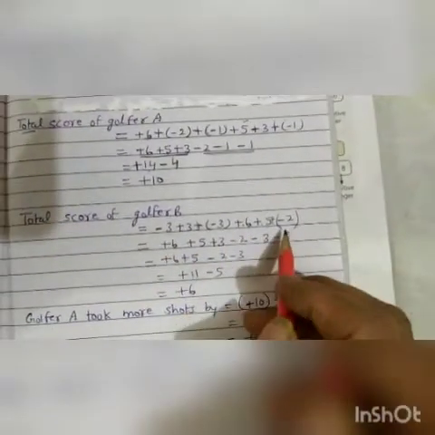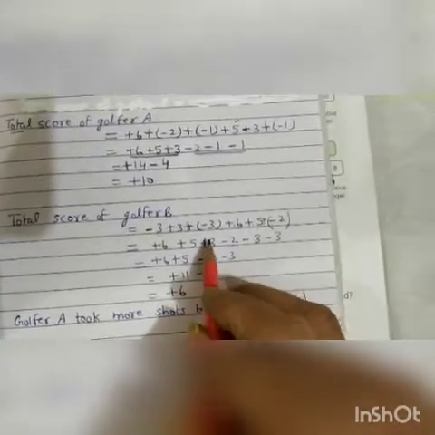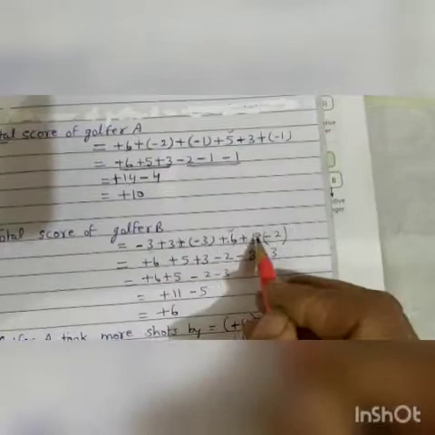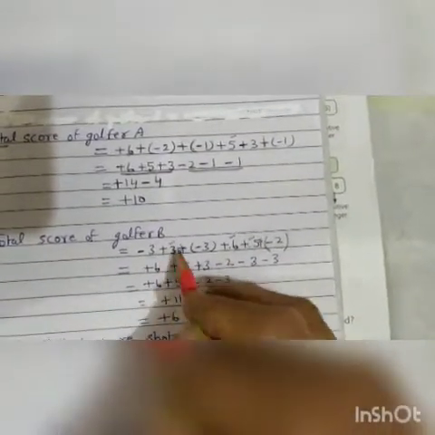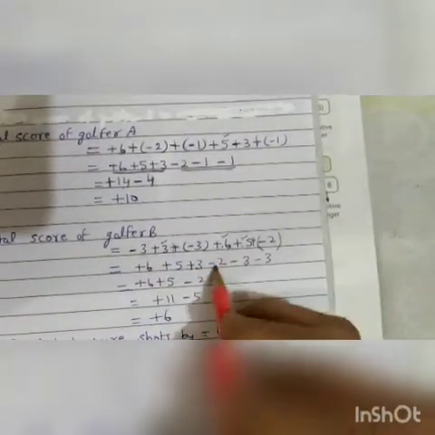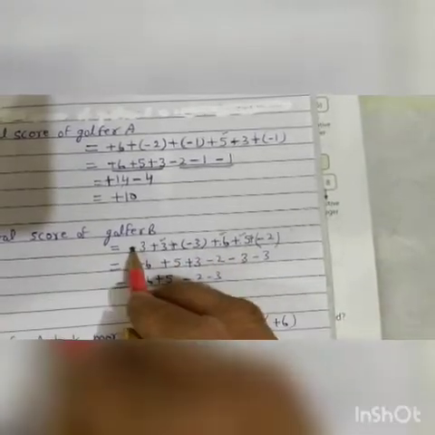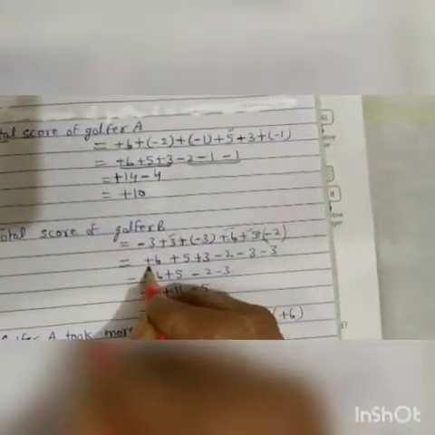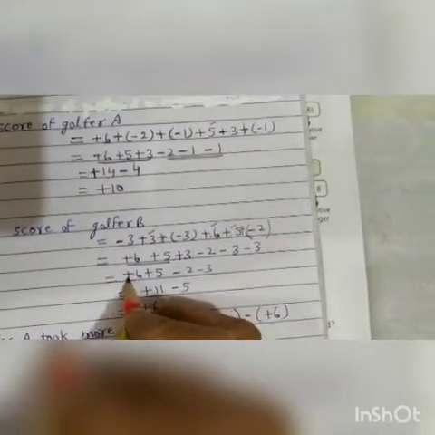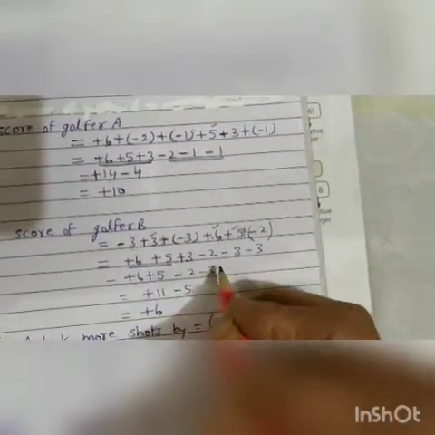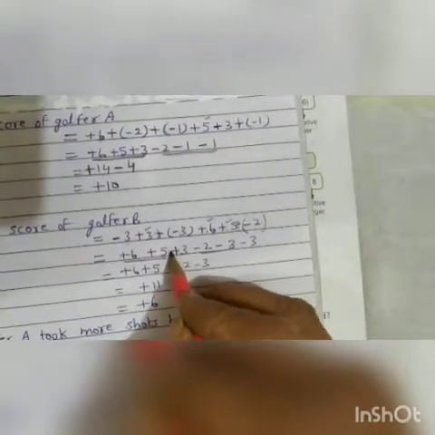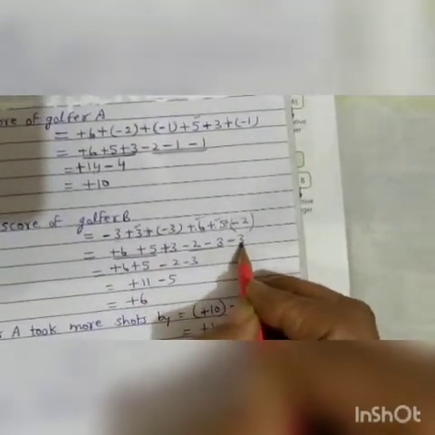Now again we will write all the integers first with positive sign. This plus 6, this plus 5, this plus 3. Then minus 2, minus 3, minus 3. Now students, see, we have written plus 6 plus 5, and then this minus 2 and minus 3. What about this plus 3 and minus 3?